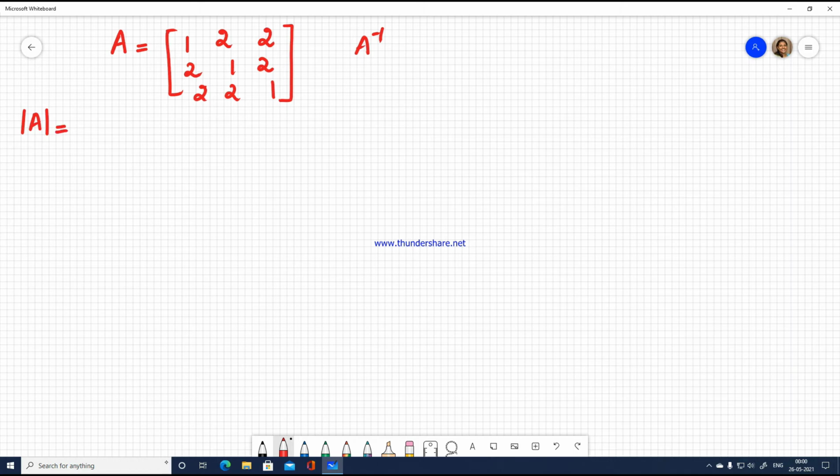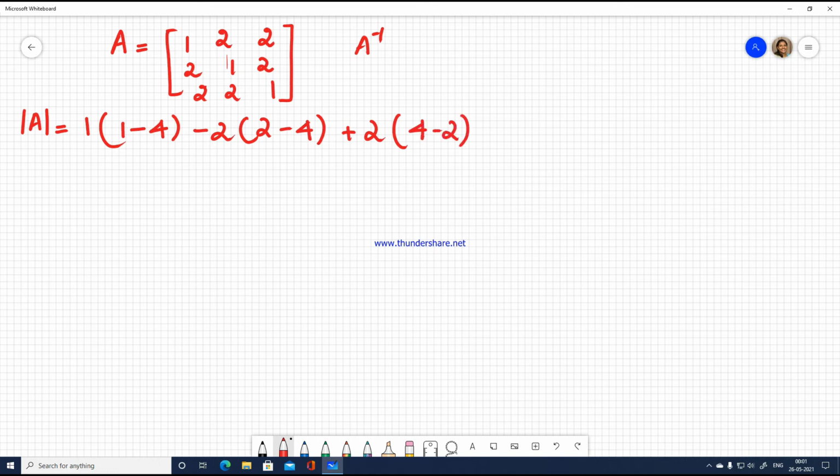So determinant of A is 1 into 1 minus 4, minus 2 into 2 minus 4, plus 2 into 4 minus 2. So that is equal to minus 3 minus 2 into minus 2 plus 2 into 2.